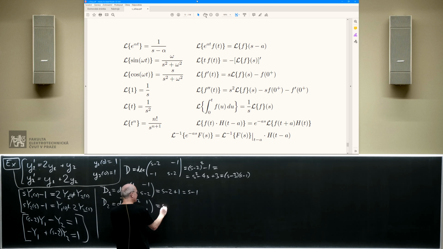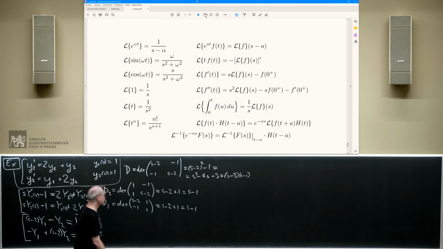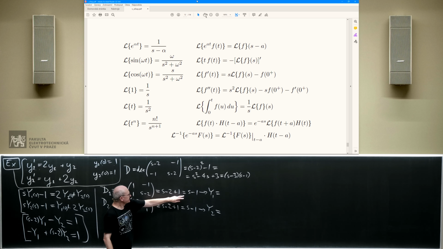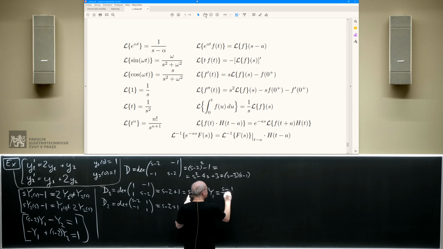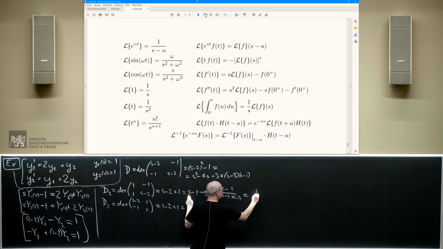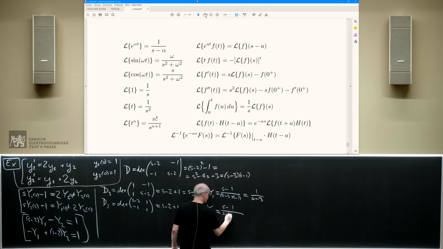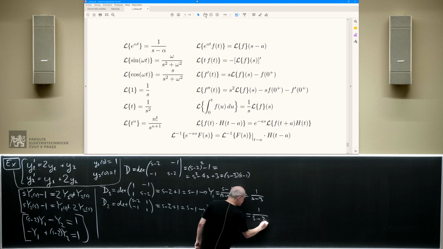The same story. s minus 2 plus 1 is s minus 1. This is sort of boring, isn't it? Y1, Y2 is this determinant divided by this determinant, and I get 1 over s minus 3. And for Y2, I get exactly the same. Did I say that this is a very simple system?